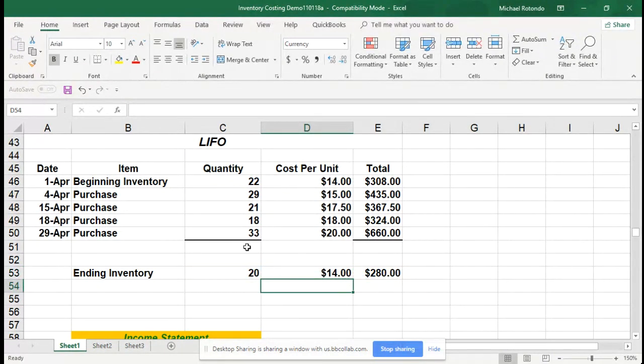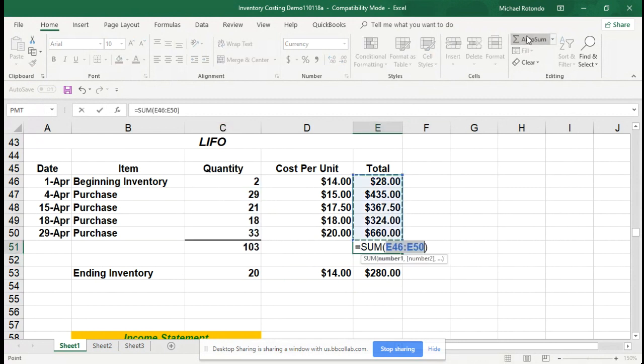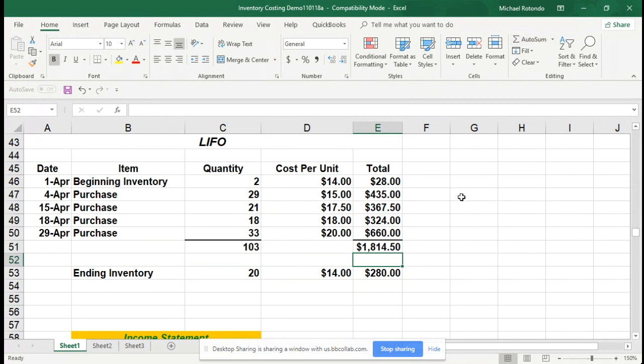So that means that, as we said, we sold all of these. We have 20 left in ending inventory, so we must have sold 2 of the items in ending inventory. So we're going to change that to 2. And then if we add these up, we will get our cost of goods sold under LIFO.